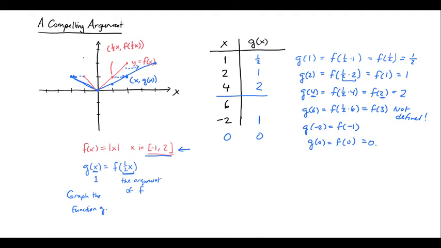And you notice the y coordinates are the same because f of 1/2 of x by definition is the same as g of x. So the moral of this story is, if I want to graph g of x, which is equal to f of 1/2 of x, this is the same as the graph of f, but stretched, in this case, by a factor of 2.